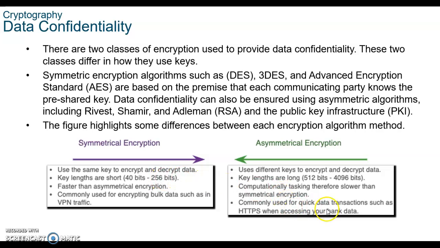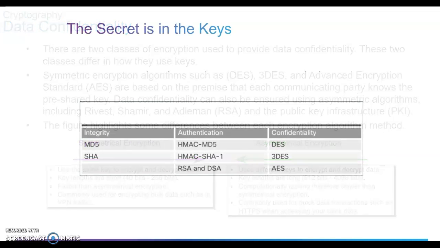It's commonly used for quick data transactions such as HTTPS. So when you're accessing your bank, really anything where you're using a password and a username, it's probably using this type of asymmetrical encryption.